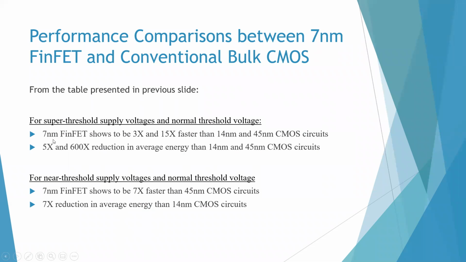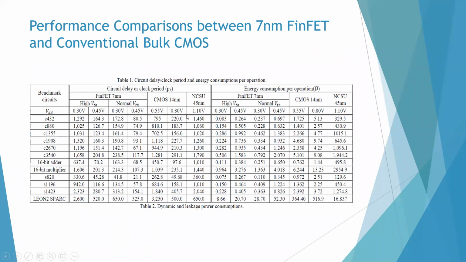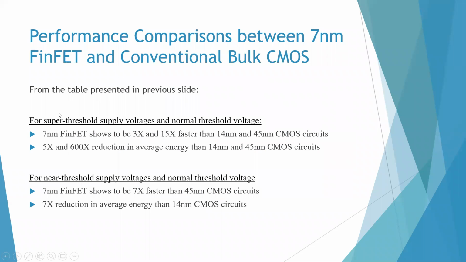For super threshold supply voltage and normal threshold voltage, where the super threshold supply voltage is 0.30 volts, the 7-nanometer FinFET shows to be 3 times and 15 times faster than its 14-nanometer and 45-nanometer CMOS circuits. And there is also a 5 times and 600 times reduction in average energy than in 14-nanometer and 45-nanometer CMOS circuits.